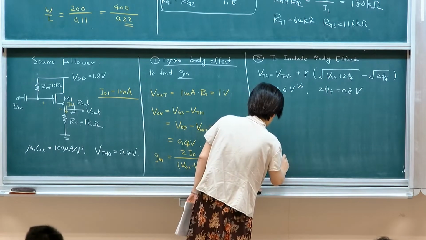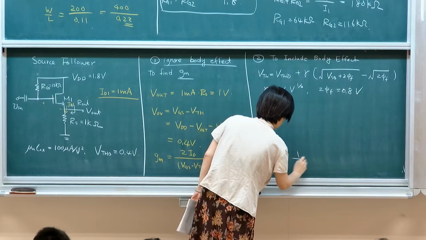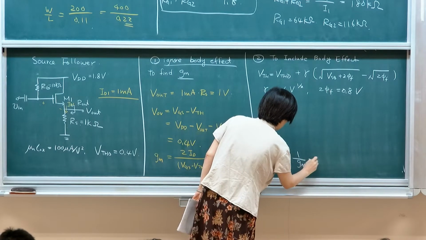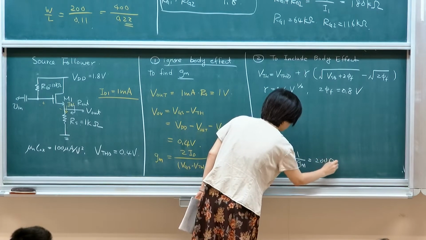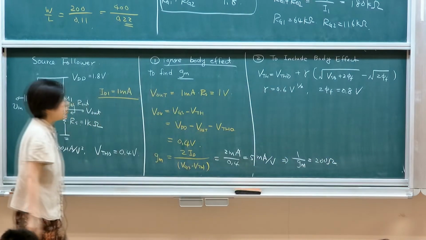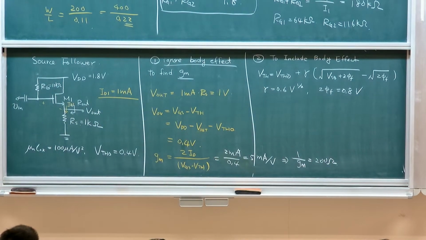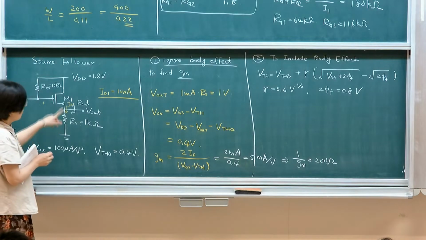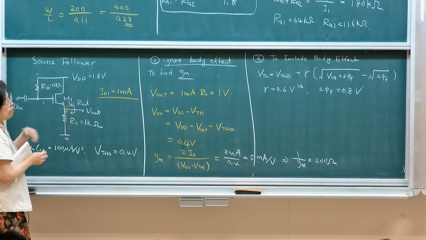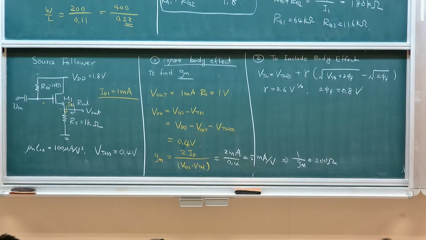This will then suggest that your 1 over gm is 200 ohm. Right? So that's your output resistance at the level of 200 ohm. In parallel with this, it will be somewhere a little bit higher than 200.